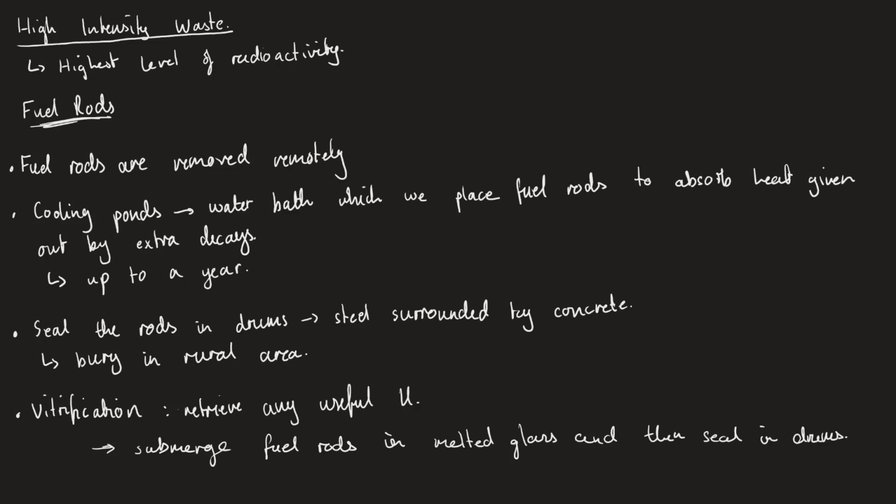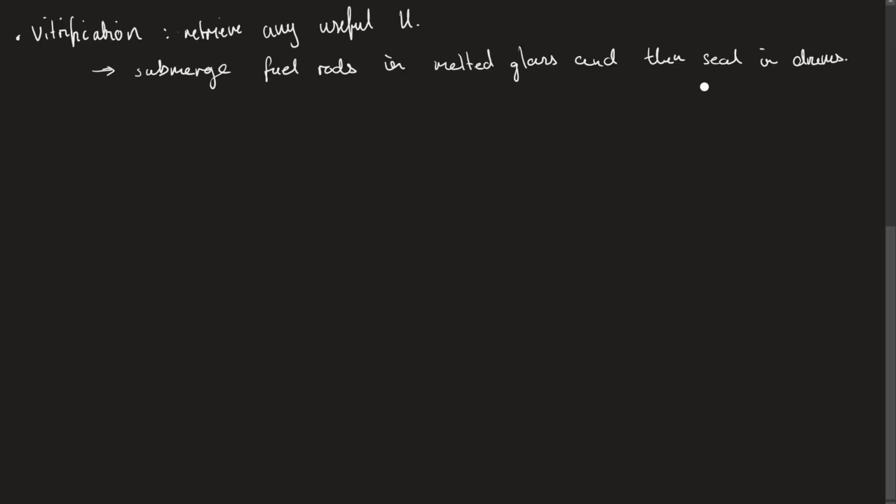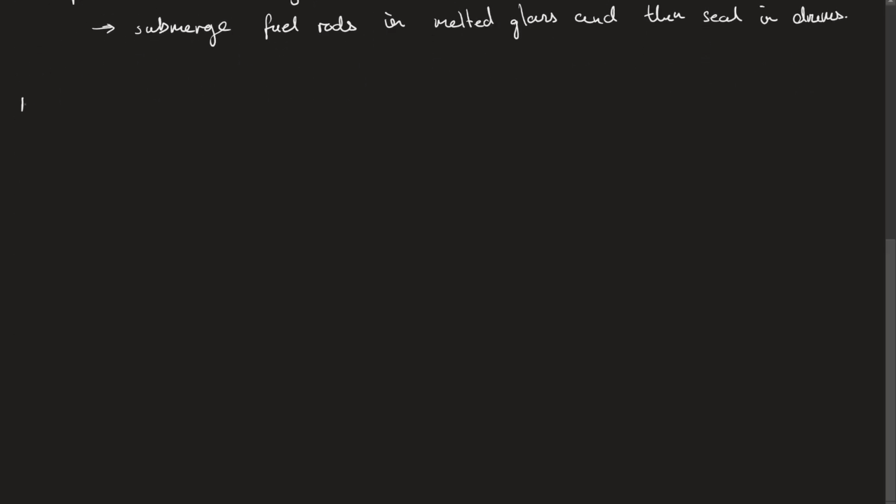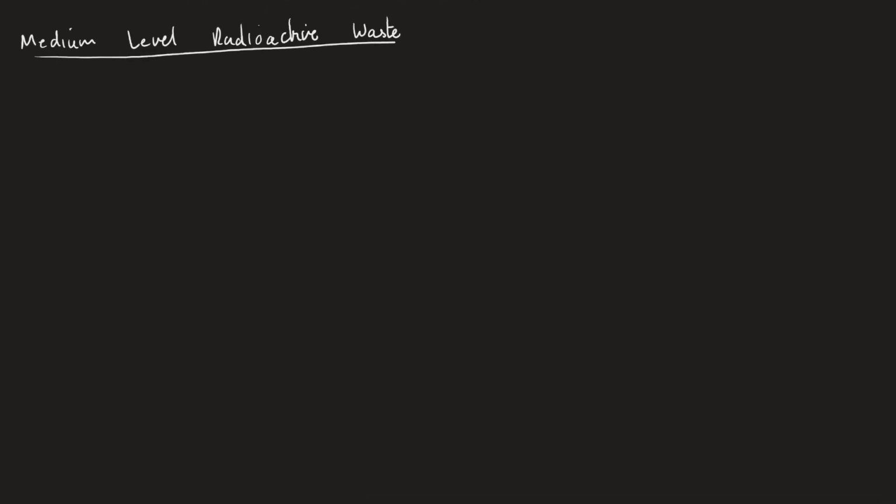But this isn't the only type of waste that we have. We also have a mid intensity waste. So we have, let's call it a medium level of radioactivity, medium level radioactive waste. And these are things that are still radioactive. So they will be things maybe such as the control rods, because the control rods have been submerged in this radioactive facility for so long.